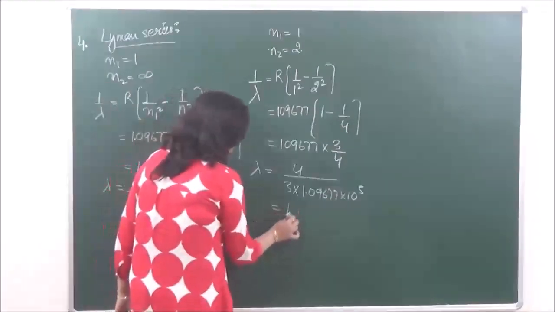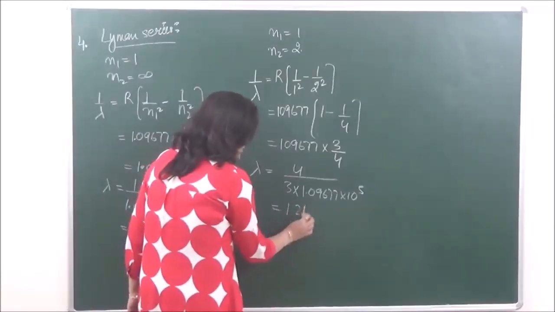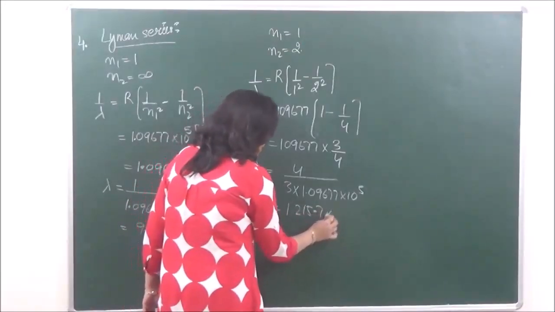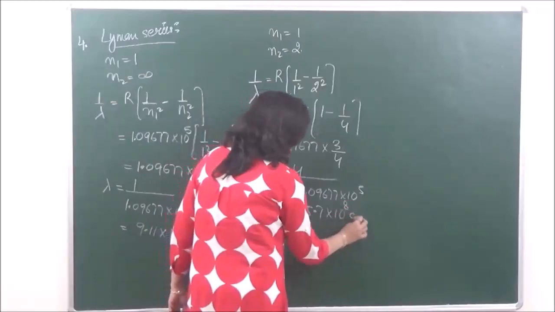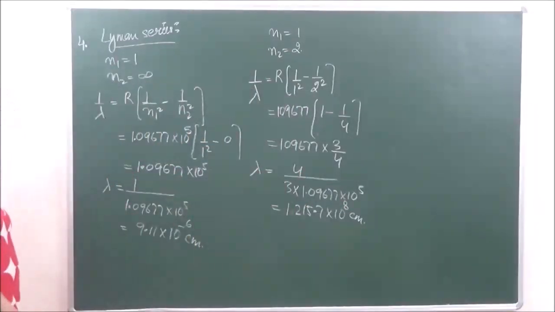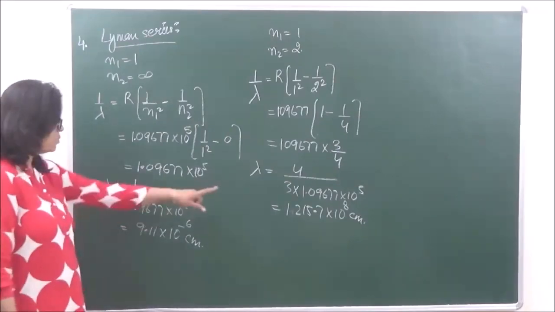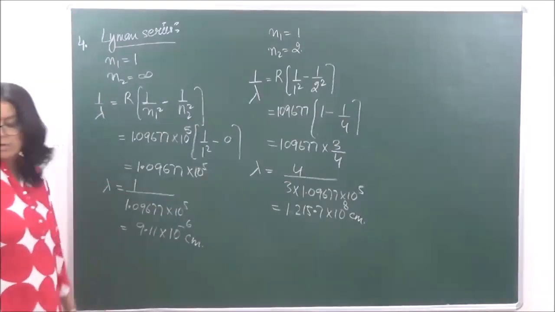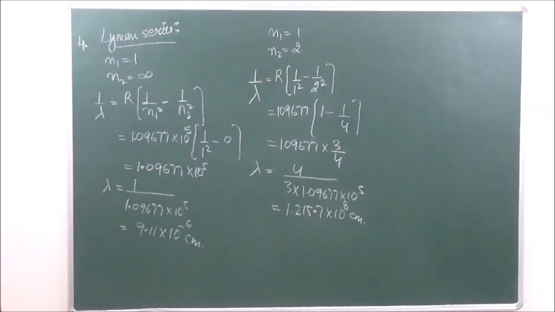1215.7 into 10 raised to power minus 8 centimeter. Right? And you can convert it into Angstrom if you want to. Both could be converted into Angstrom. So when you are converting it into Angstrom, lambda 1 will become equal to 911.